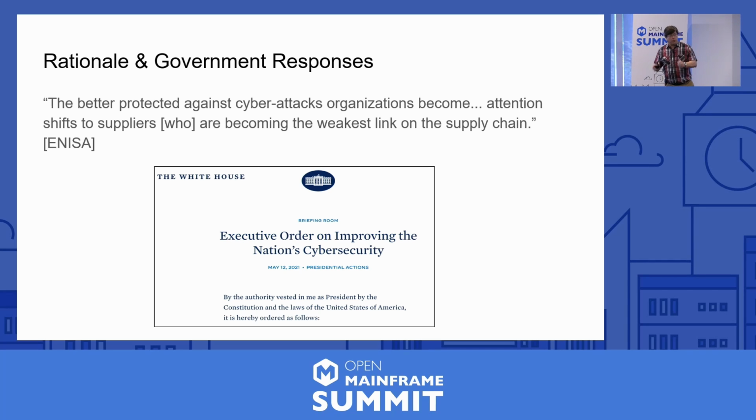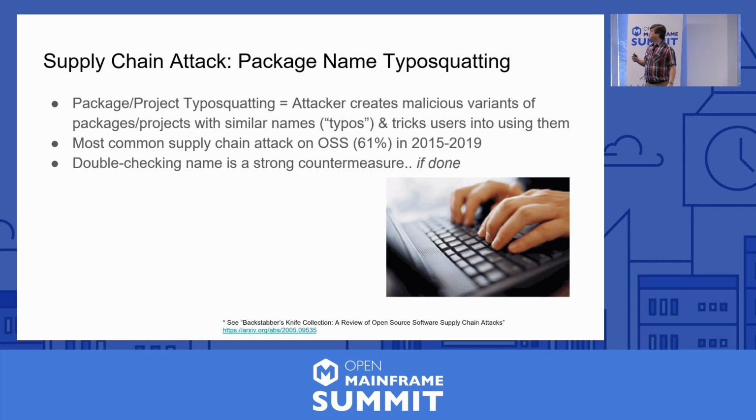But for the projects where that's really important, they are starting to get that training, and they are starting to make improvements. But guess what? Attackers are going to attack the weakest link, and if the weakest link is the supply chain, well, that's where they're going to go. So you have various things like the executive order put out by the US government. They want to know what's in there so they can start to get a handle on and understanding of the supply chain, of the components they're bringing in.